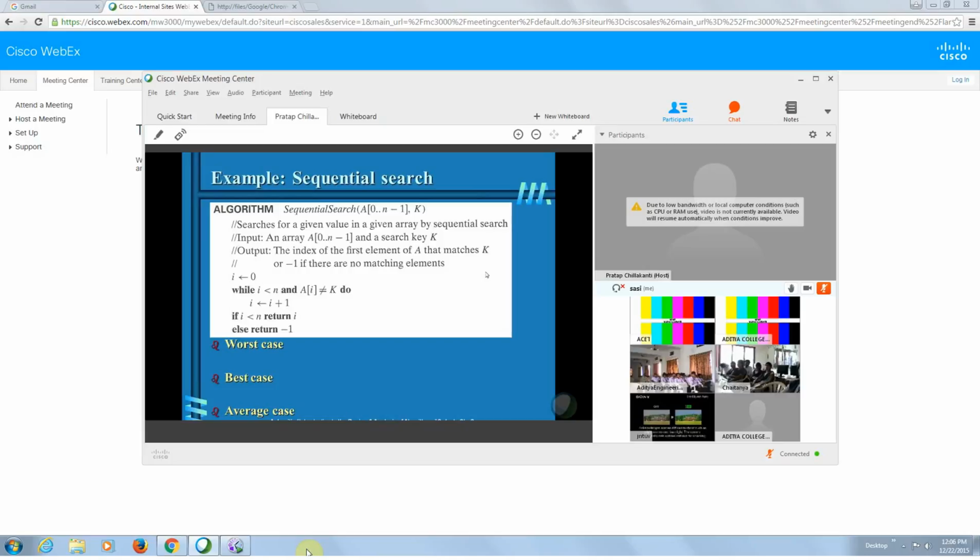So you have to say while i less than n, okay? And a of i not equal to k. So you keep going through the loop, correct? Now, after you go through the loop, if i is less than n, return i, right? Else return minus 1. Fairly simple, right?